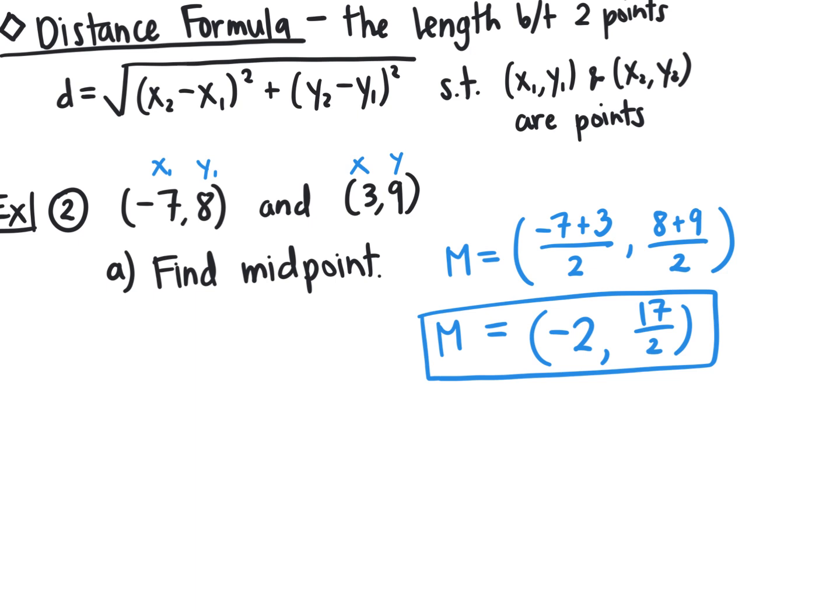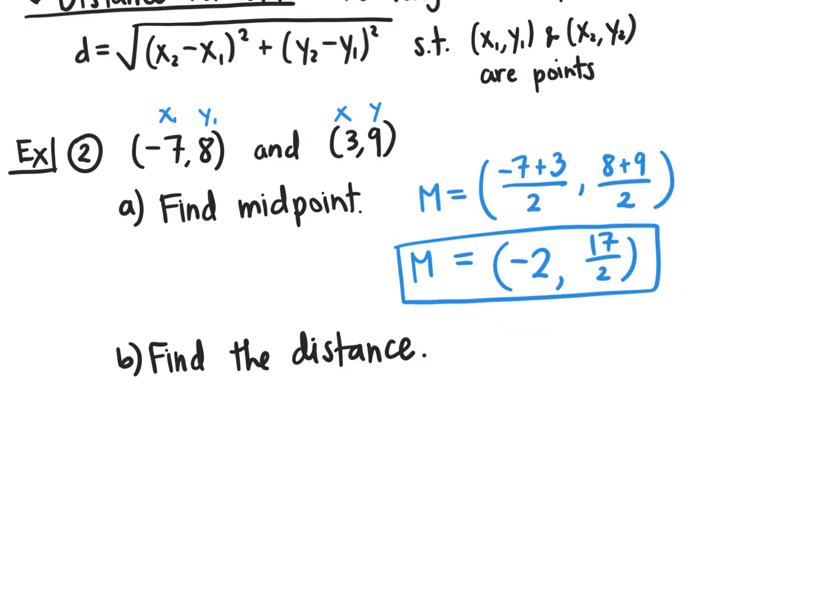And the last question for today, B, using the same points, find the distance. So we're using the distance formula. Again, there's my x1, y1, there's my x2, y2. Distance is d equals square root. Now the formula is open x2. What's x2 here? 3 minus x1.